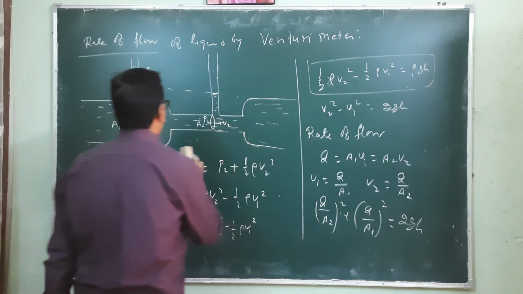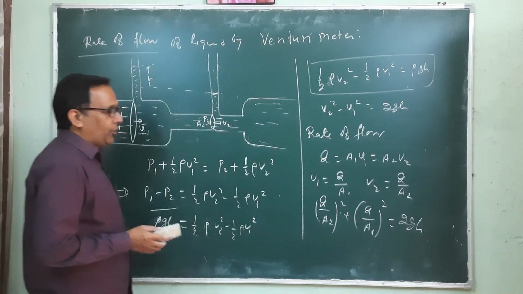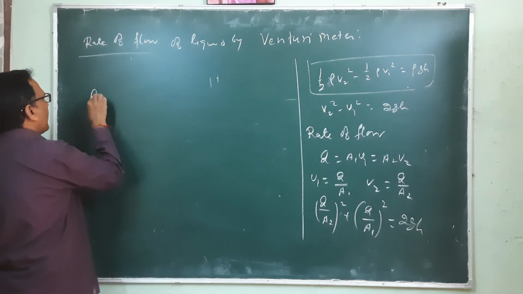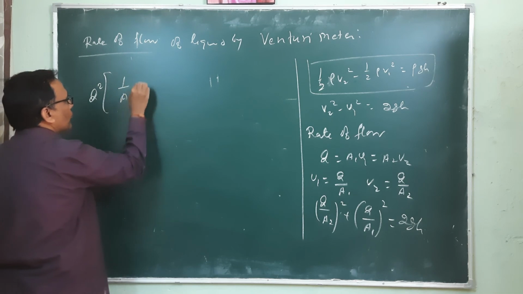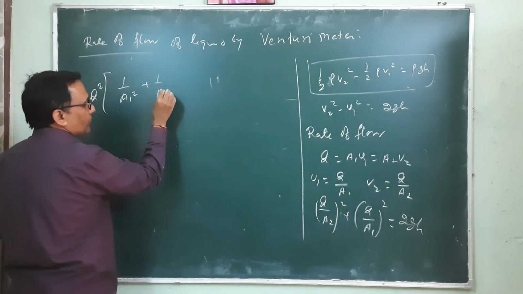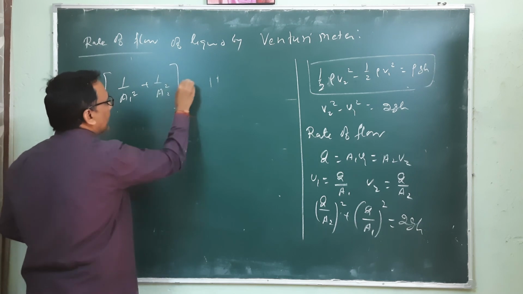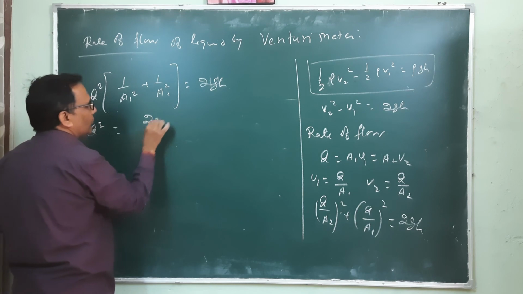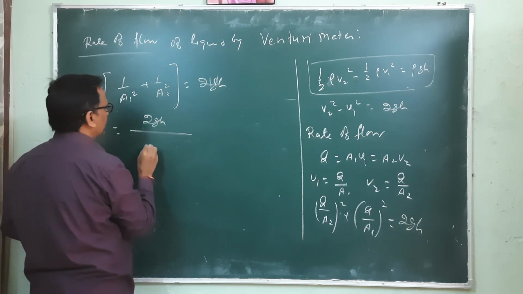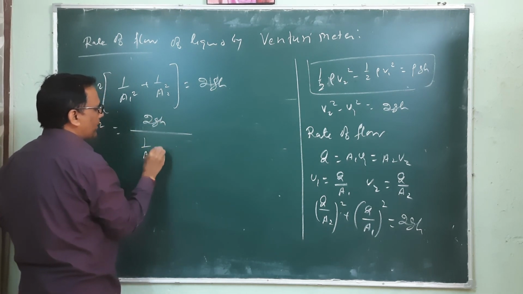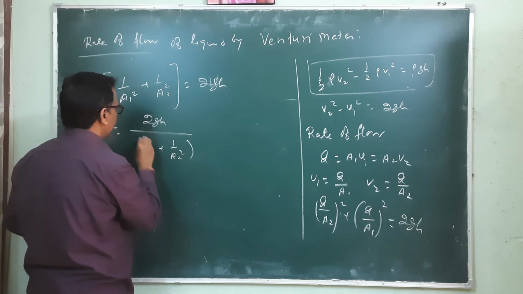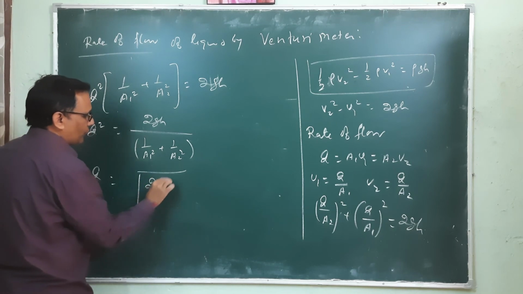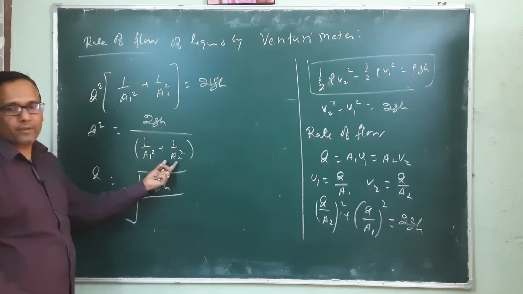So we can solve this for Q. Q square times (1 upon A2 square minus 1 upon A1 square) is equivalent to 2gh. So Q square is equivalent to 2gh by (1 upon A2 square minus 1 upon A1 square), and Q is equal to the root of 2GH by this, or rather you can solve this.